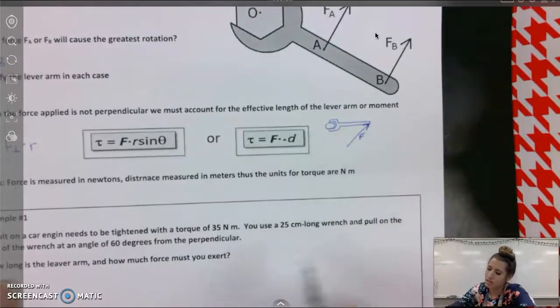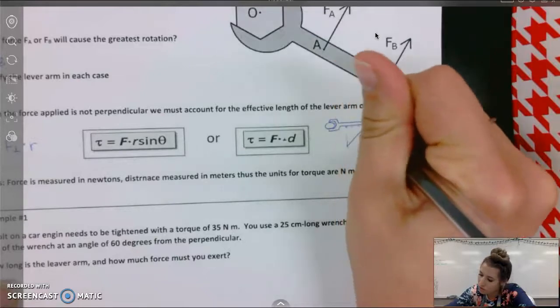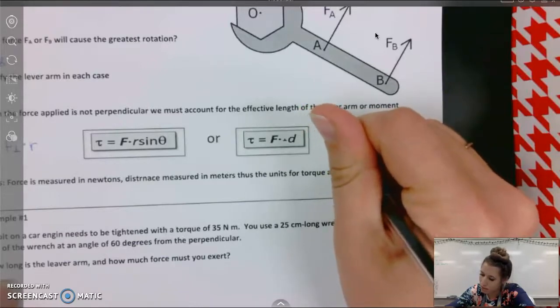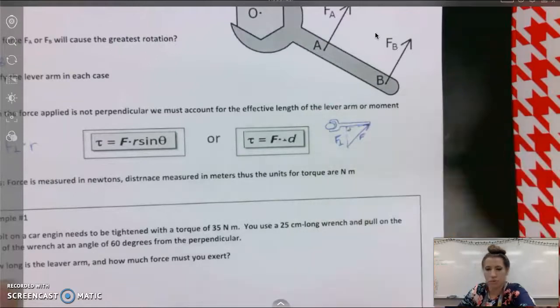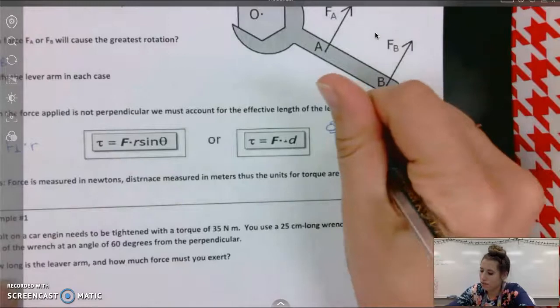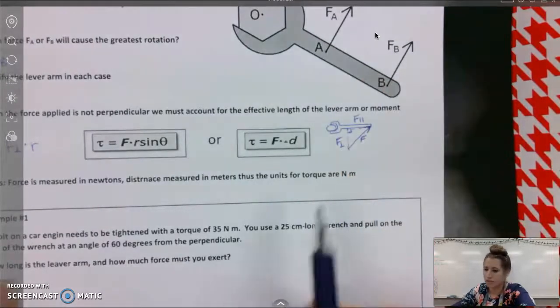And so we would have force perpendicular, right? It makes a right angle with that lever arm. Or we could have force parallel, right?